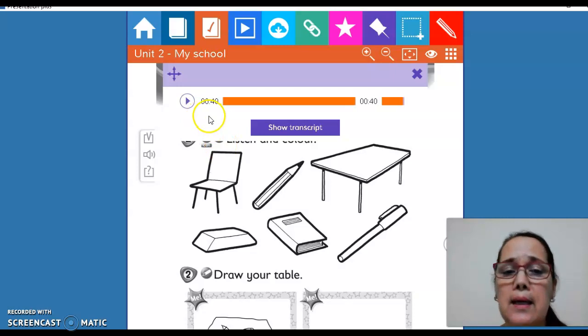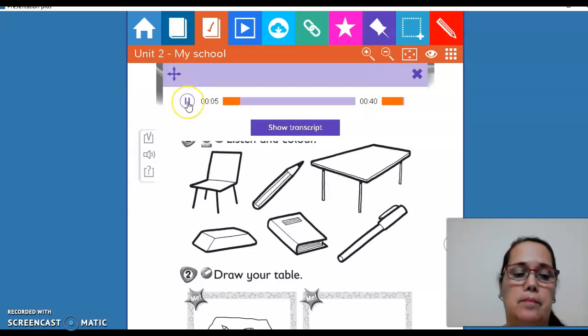Okay, listen again one more time. Page 10. 1. Listen and colour. The table is red. The chair is orange.